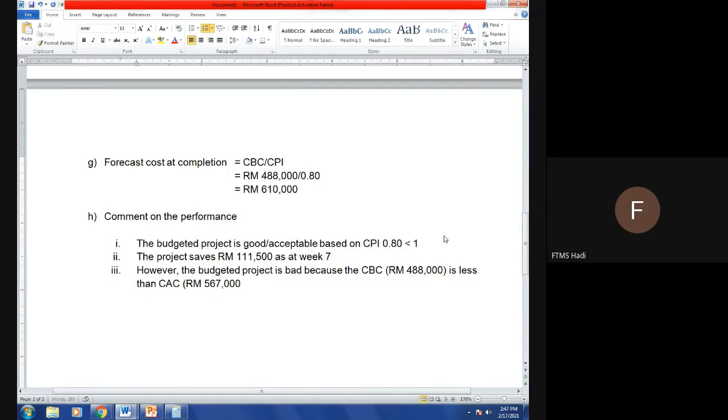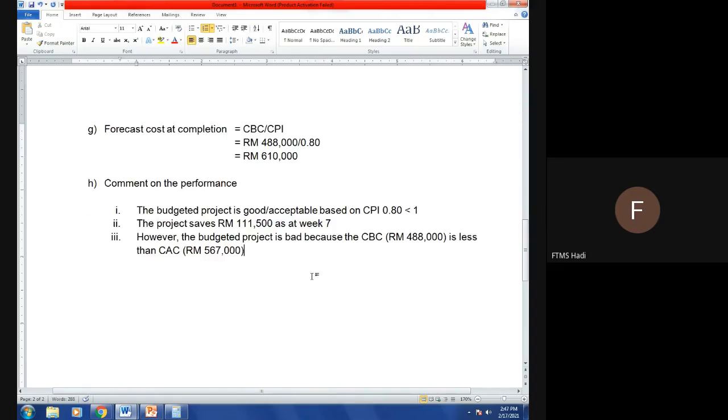Even though sometimes they can save, the value of the project is quite poor also. It can be improved later on.